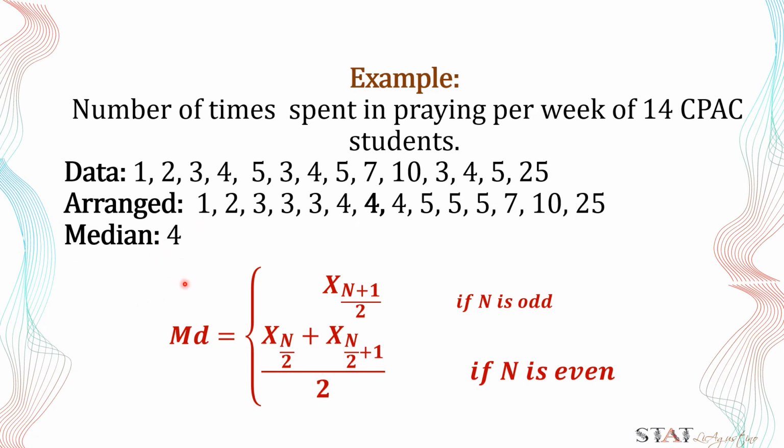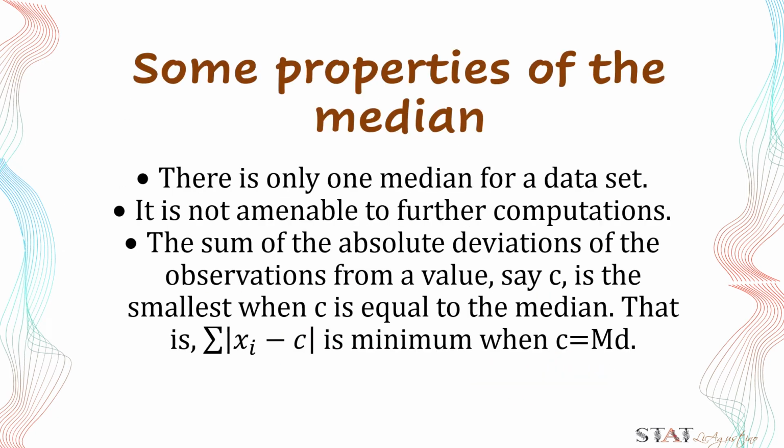Sometimes the median is not always a whole number, depending on your data set. Now let's talk about the properties of the median. There is only one median for a data set. It is not amenable to further computations.